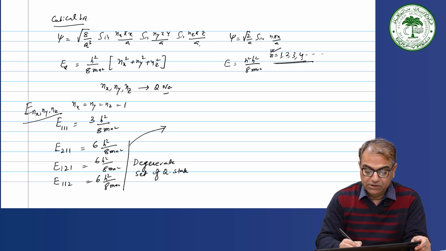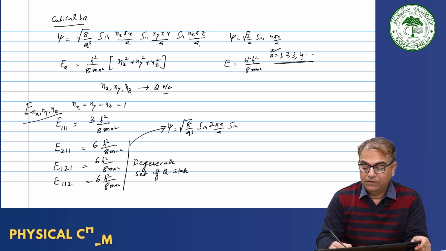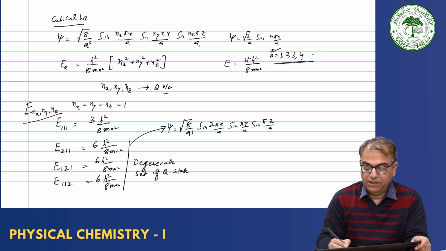If it's a cubical box, then I will write psi equal to root under 8 divided by a cube, then sine, now nx is 2, so pi x upon a, and sine, now ny is 1, so pi y upon a, and nz is also 1, so sine pi z divided by a.